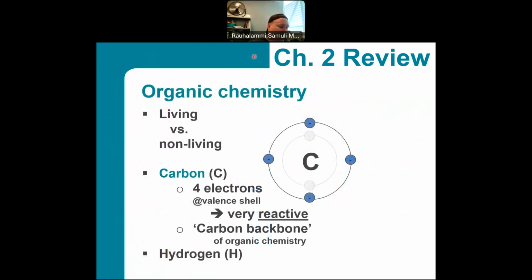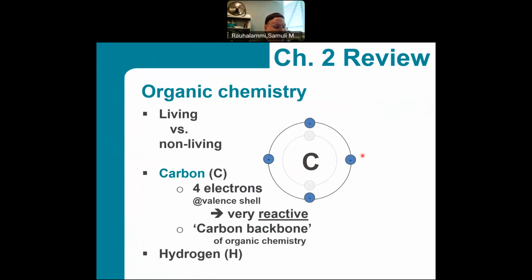So really, what we end up seeing, I guess, is that the chemistry that we just saw is important. And we saw that the chemistry of carbon and hydrogen is really important when we talk about the chemistry of life, because carbon and hydrogen are so prevalent, so important for most living organisms.